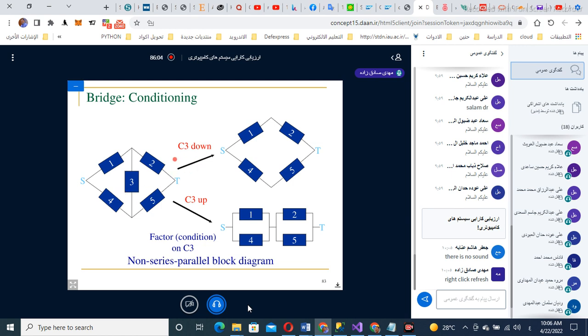If component 3 is down, we have 1 and 2 in series, 4 and 5 in series, but all in parallel. And if C3 is up, that is connected, so 1 and 4 are in parallel, 2 and 5 are in parallel, and all of this in series. Here is a non-series-parallel block diagram.